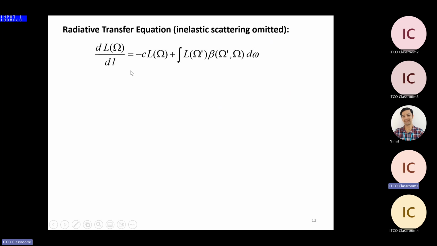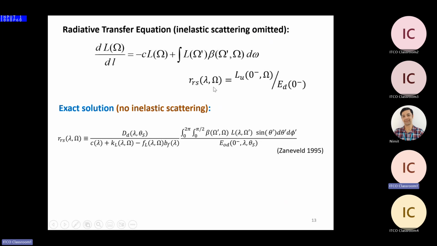Fundamentally, everything goes to the radiative transfer equation, where L is radiance, c is the beam attenuation, and beta is the volume scattering function. Here, the inelastic scattering is omitted. So that's the fundamental governing relationship for ocean optics or ocean color remote sensing.